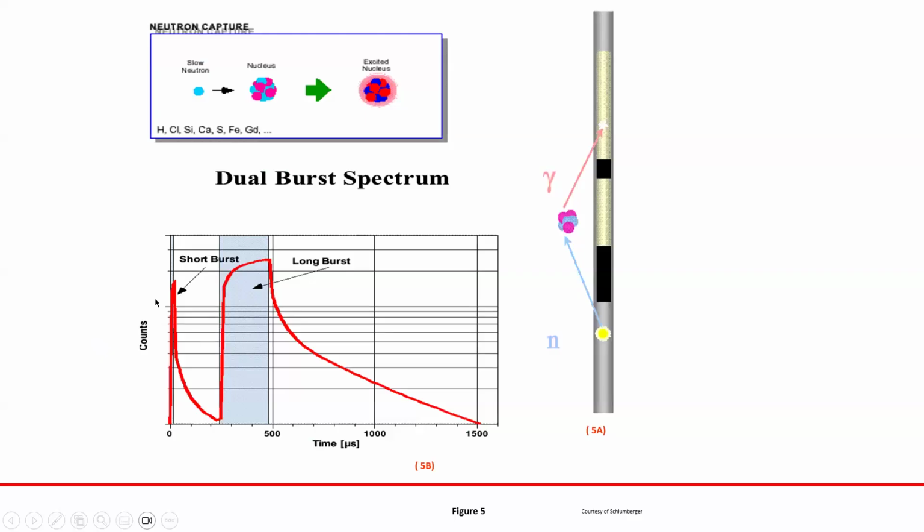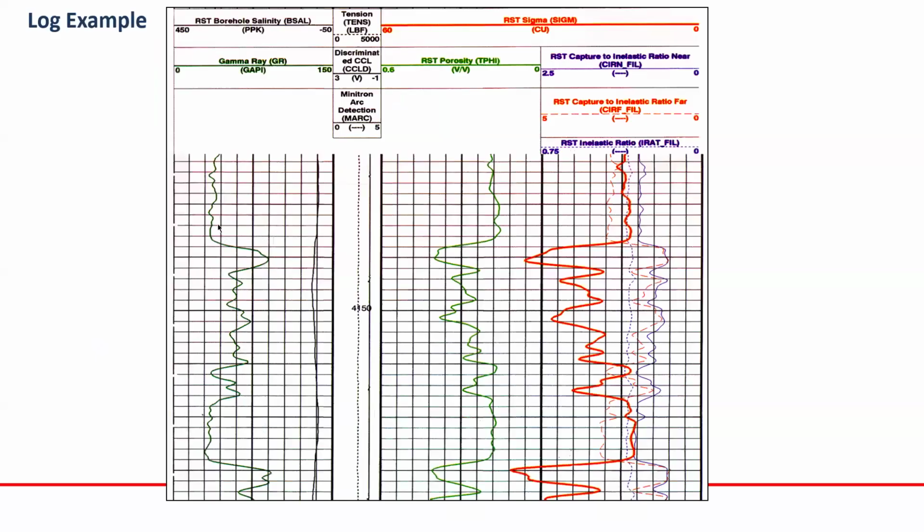Okay. The tool is just two bursts, one short and one long. The short one is for the borehole, and the long one is for the formation sigma. This is an example of the log. We have gamma ray, and we have borehole salinity. Okay, as you see.